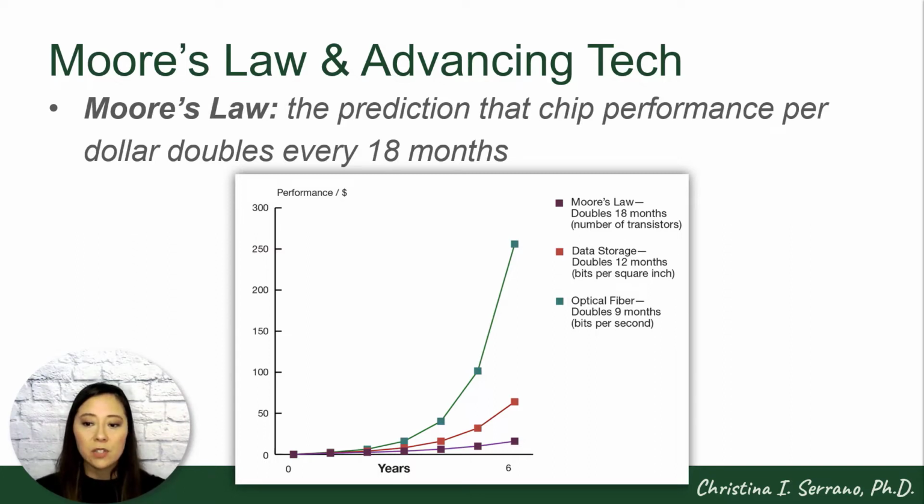And you can see on this chart displayed here, time is shown on the x-axis, and price as a function of performance is shown on the y-axis. And you can really just think of the y-axis as more bang for your buck. So you can see how that is increasing over time with different technologies.